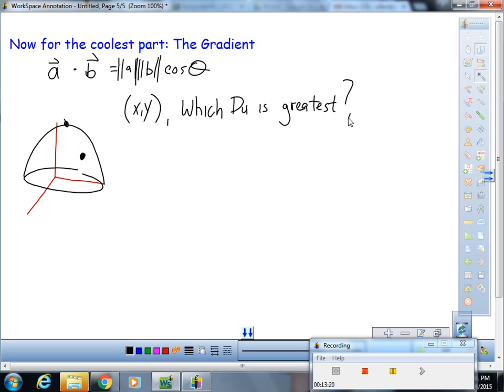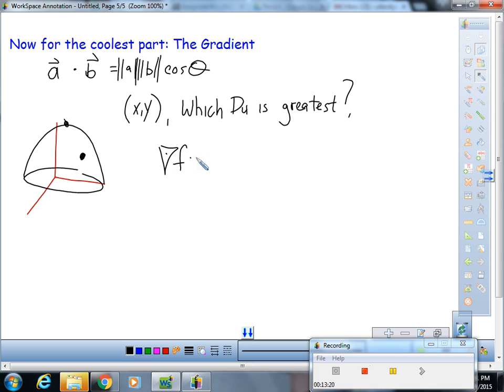Okay? So somebody that was way smarter than me, but only relatively older than me, because I think this has only been known for like the last 200 years, was like, well, let's just start by examining the directional derivative. So, they said let's just start by examining the gradient.